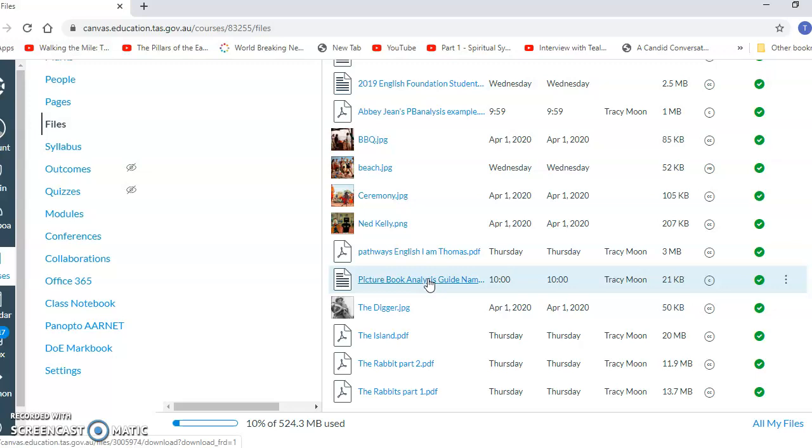There's also a smaller version in the English Foundations booklet. Here is The Island by Armin Grieder, and then here is part 1 of The Rabbits, here is part 2.